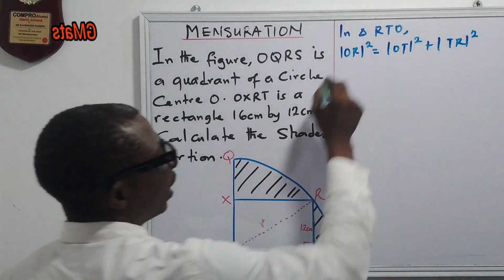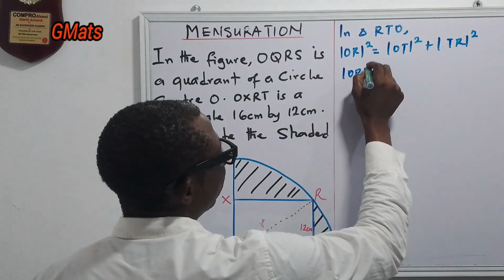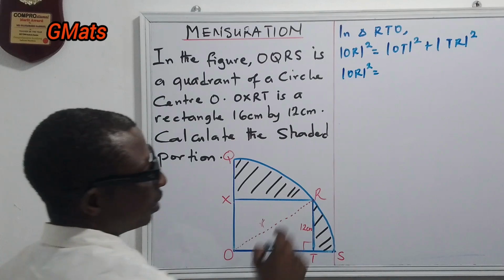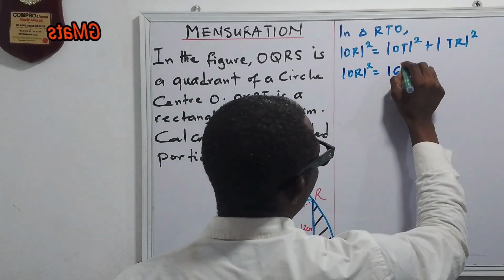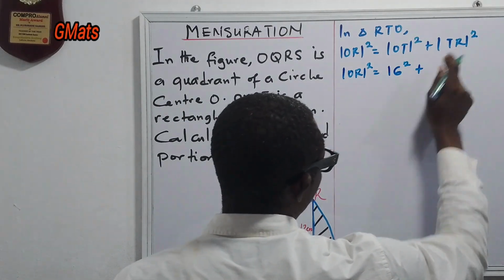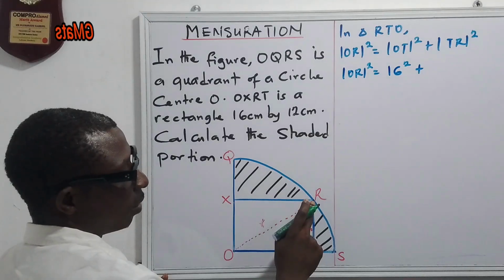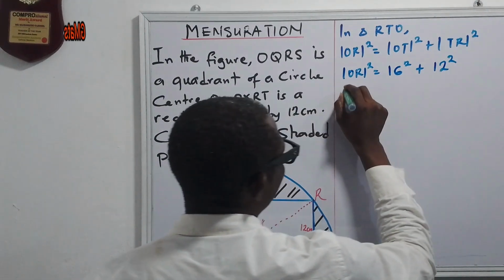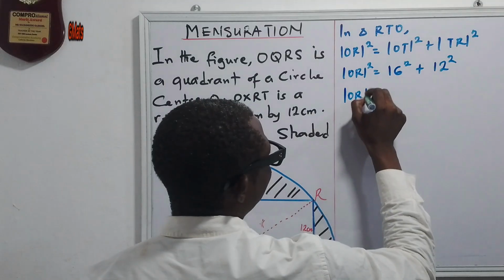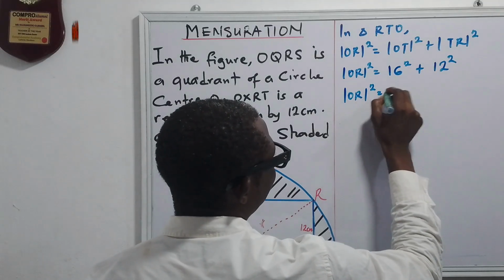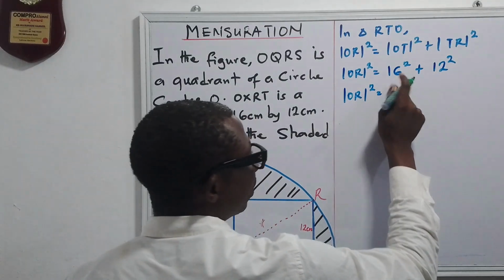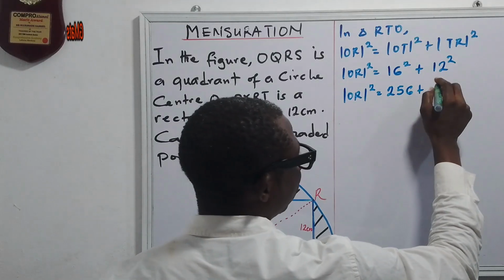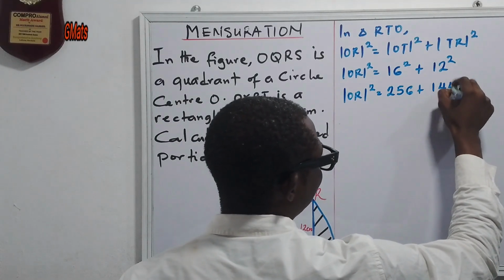OT is 16, so we have 16 square plus TR is 12 centimeters, so we have 12 square. OR square equals 16 square, that gives you 256, plus 12 square, that's 144.